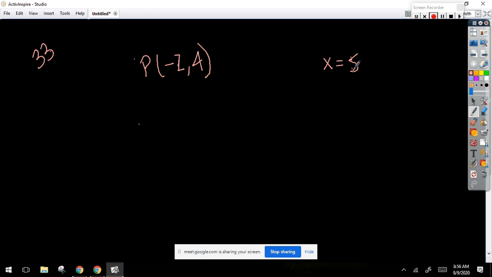And perpendicular, if it's a perfectly vertical line, any perfectly horizontal line will be perpendicular to it. So y equals 4 would be perpendicular, instead of that being the equation of the actual line.